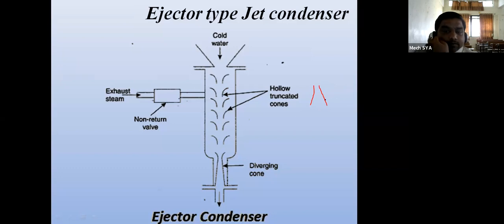Sorry, convergent means the area goes on decreasing. This is convergent, and this is divergent. At the inlet, the cold water has much more area, and as the area decreases, the velocity goes on increasing.